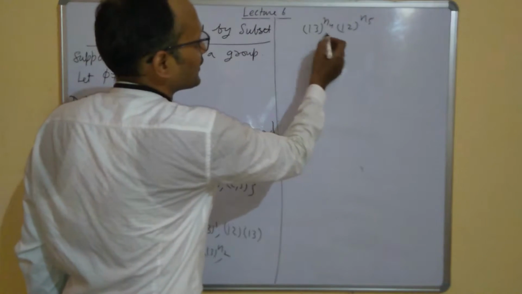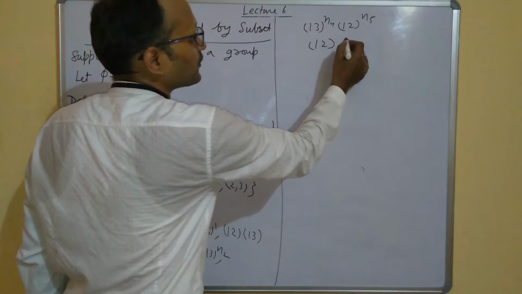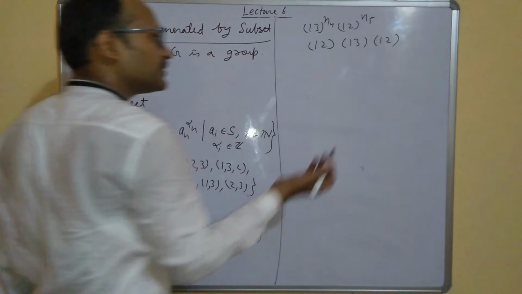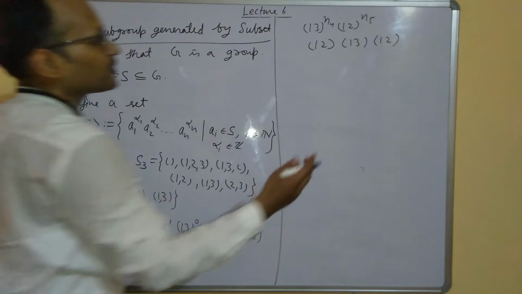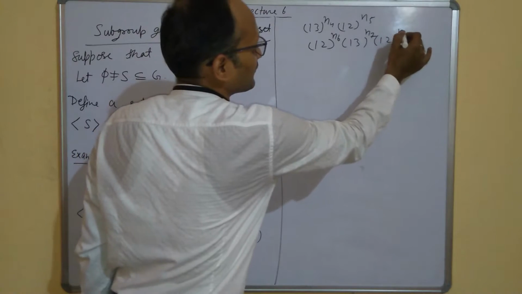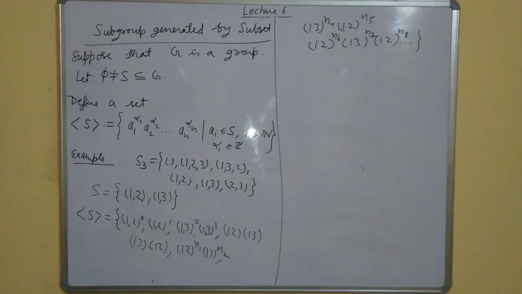Or any other combination like (1 2)(1 3)(1 2) again, this type of combination or any other possible combination will be here. So this may be n6, n7, n8. So all this type of combinations will be here.